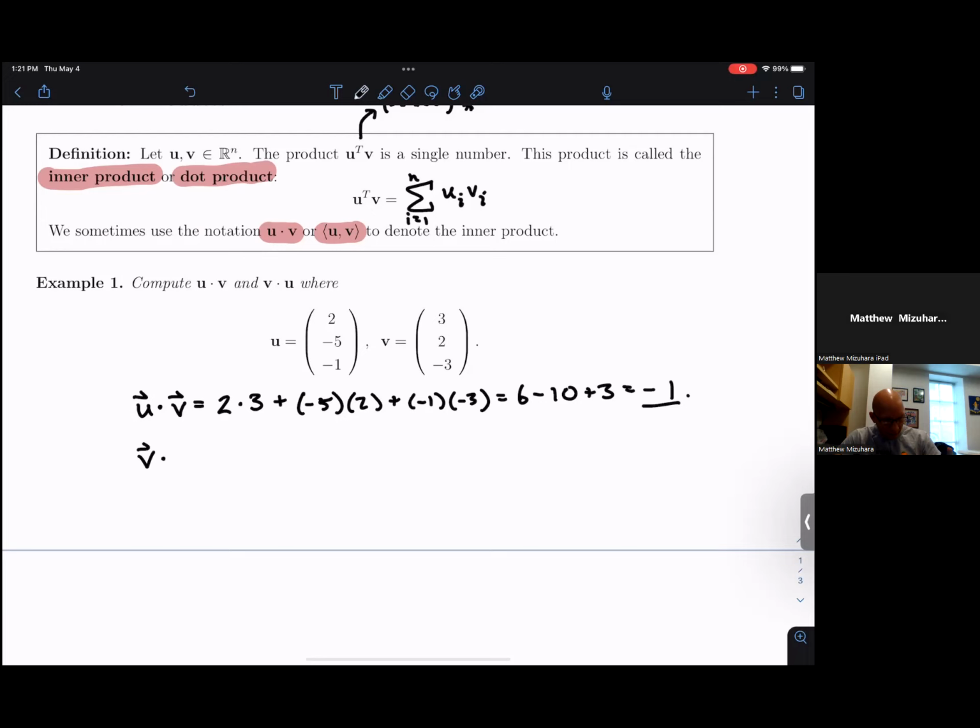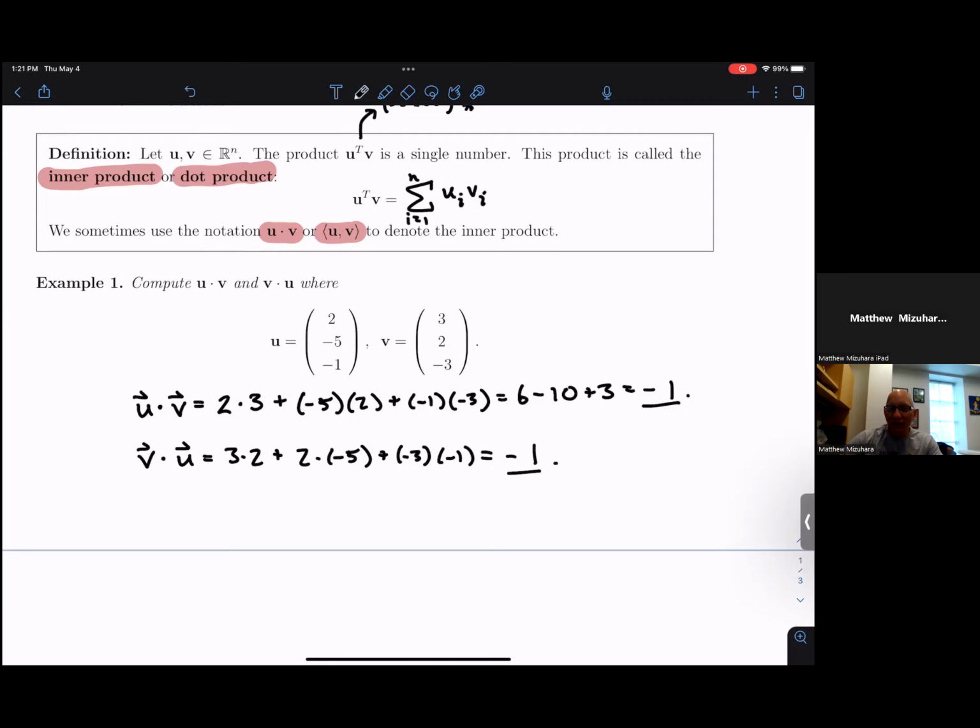And just for good measure, you might notice what's going to happen if I compute, instead of u dot v, v dot u. Well, it's 3 times 2 plus 2 times minus 5 plus minus 3 times minus 1. But if you compare this to the above, of course, you're going to get negative 1 again.